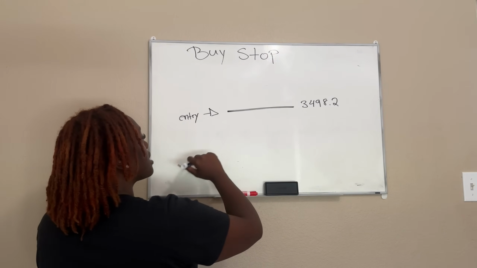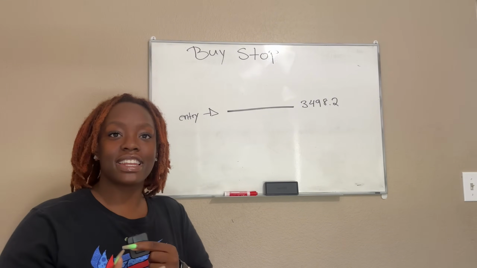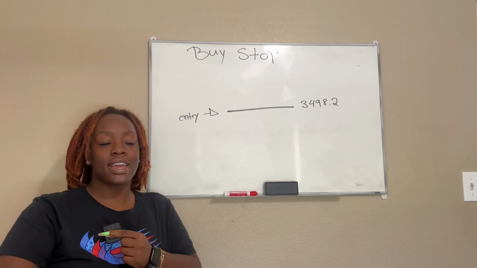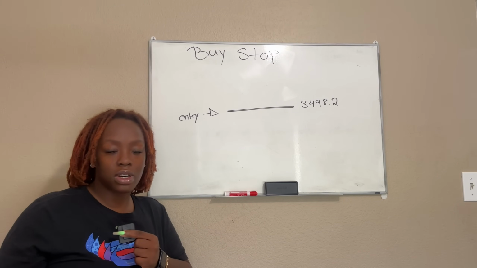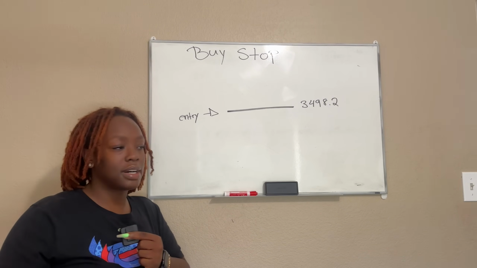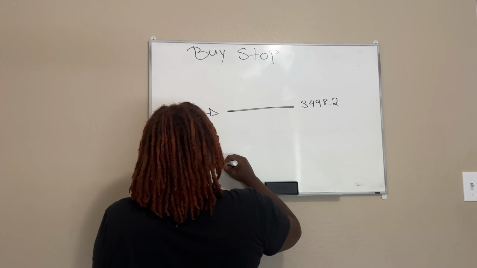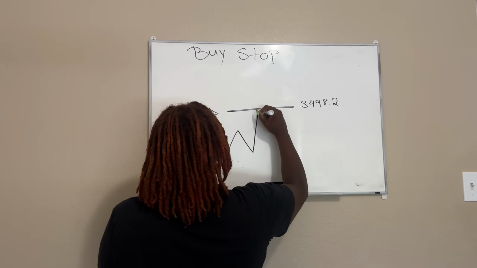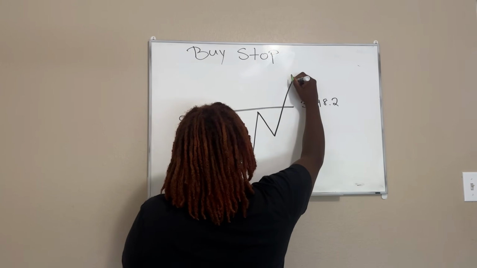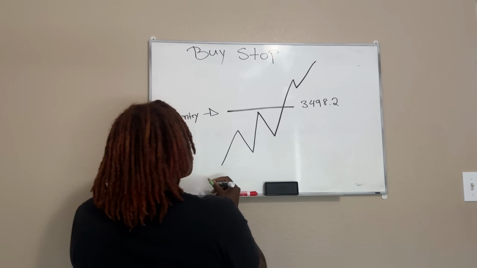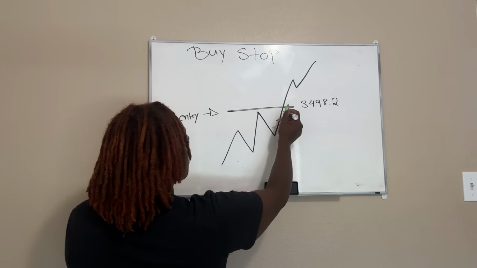That's your entry price. So a buy stop is saying, since I already got to go that way, I can just go ahead and pick you up. I'm already going that way. So what that looks like is this. So boom. Your buy stop is this.